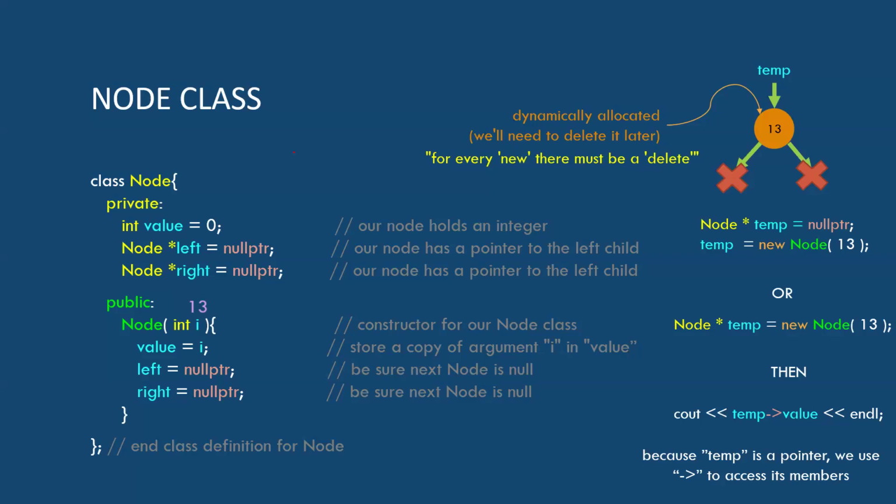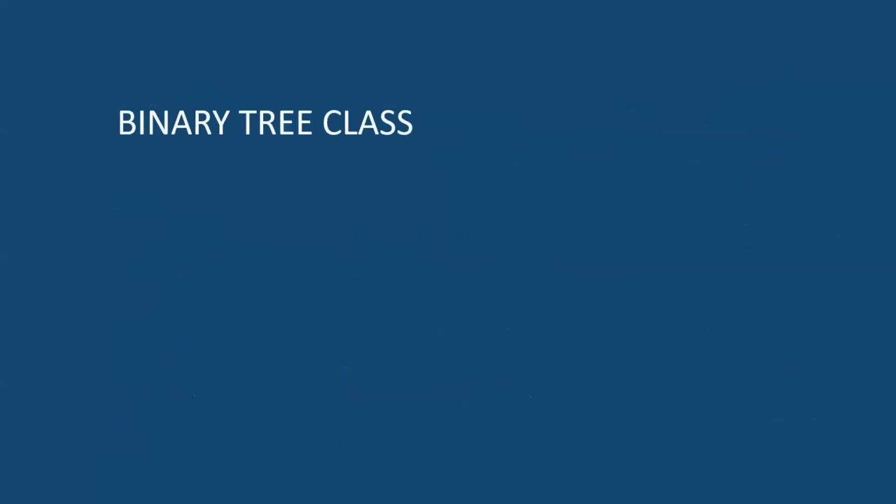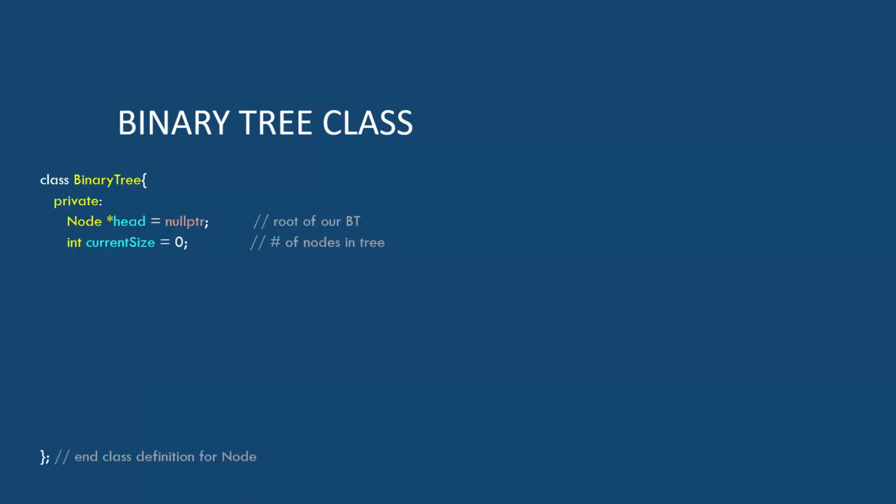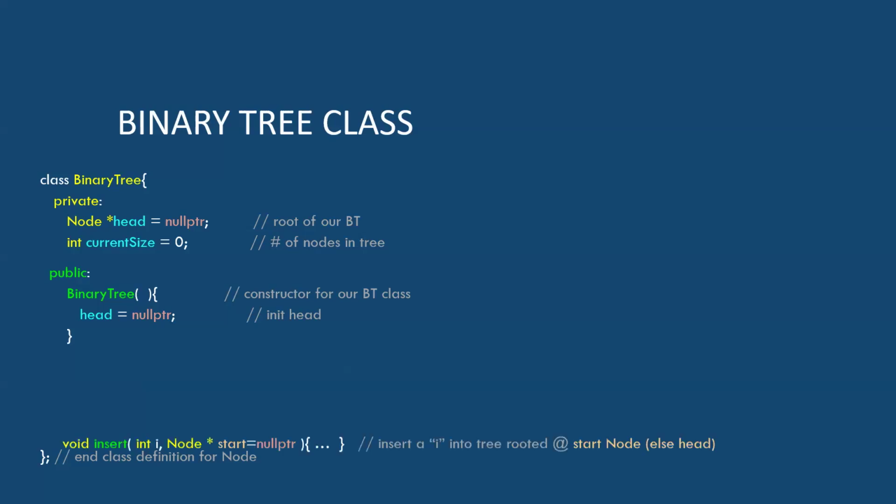We want to have another kind of class that wraps around this like we did with some of our other work. So we're going to create a binary tree class that just wraps itself around the head pointer and keeps track of a few basic things like how many nodes we have. And our constructor is going to be super simple. It's just going to make sure that the head pointer is null.